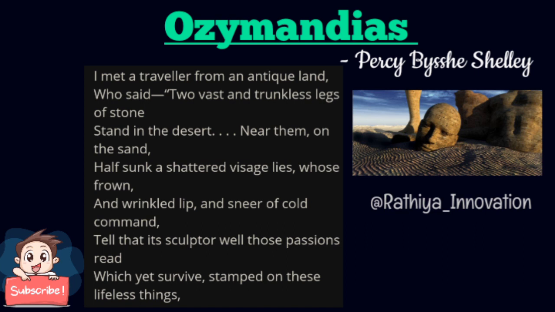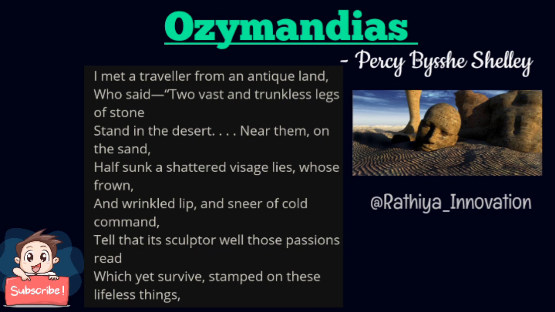Then: stand in the desert. Near them, on the sand, half sunk, a shattered visage lies, whose frown. So the statue is standing in the Egyptian desert. In the third line, we see the words near them, on the sand.